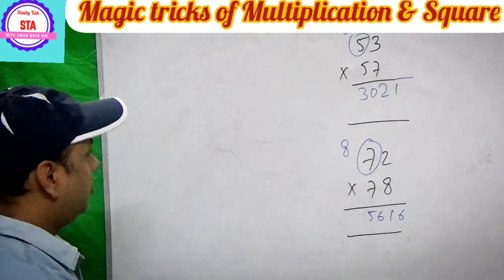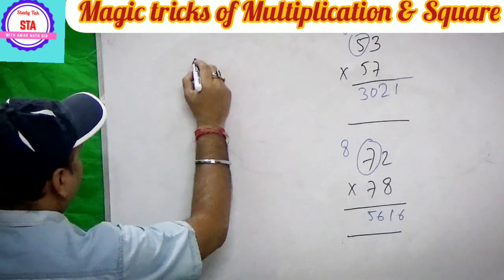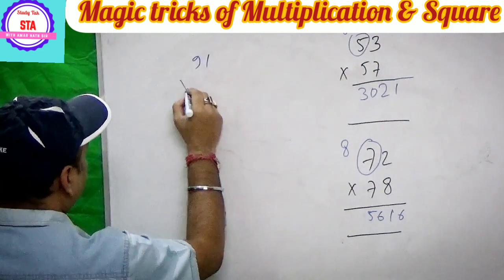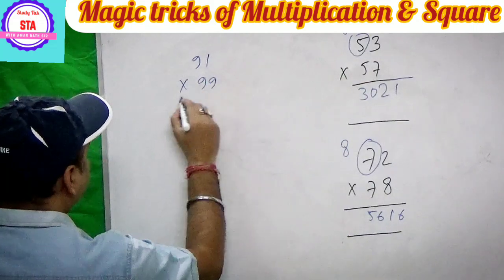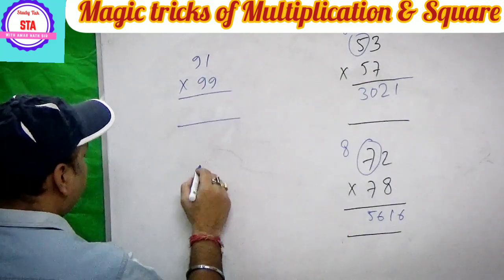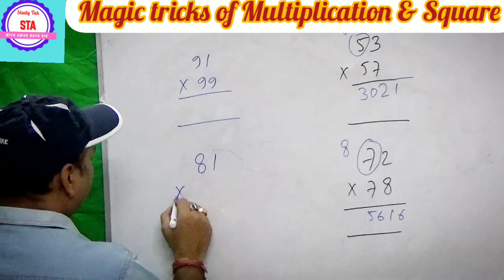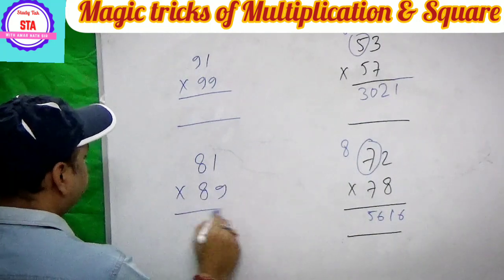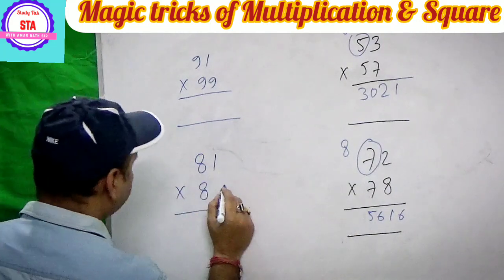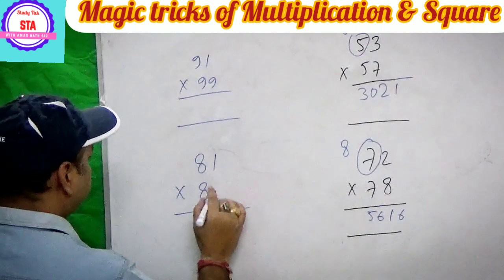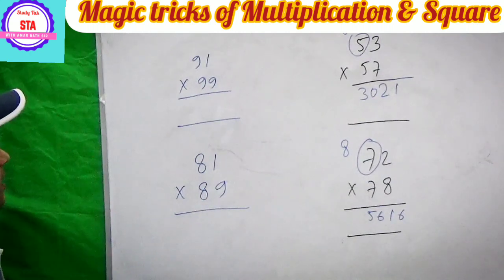I will give you some more examples. Write down 91 into 99. 81 into 89. Okay.